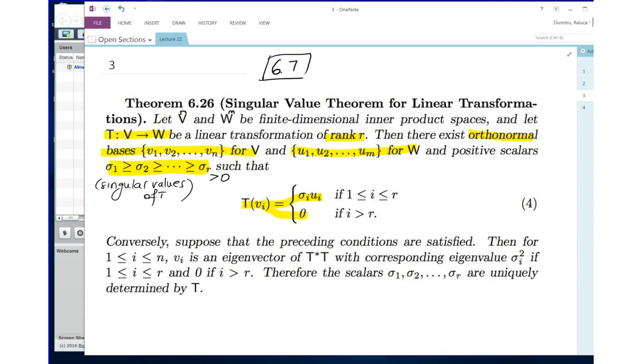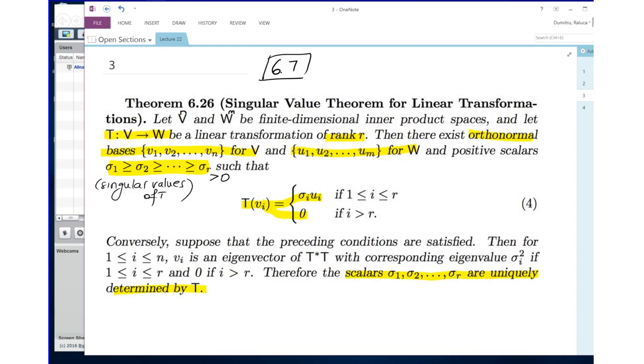The second part of the theorem says that the scalars, the singular values, are uniquely determined for T, so there is just no way to find another set of such numbers with the same properties as above. However, the second part here actually says a bit more.